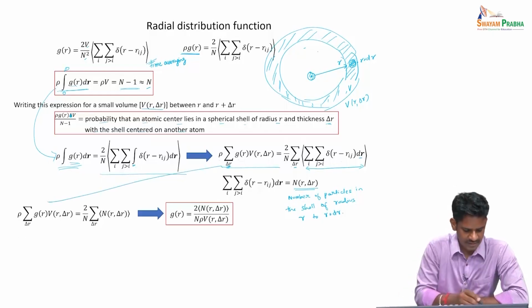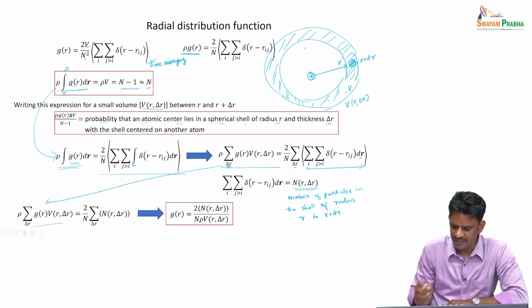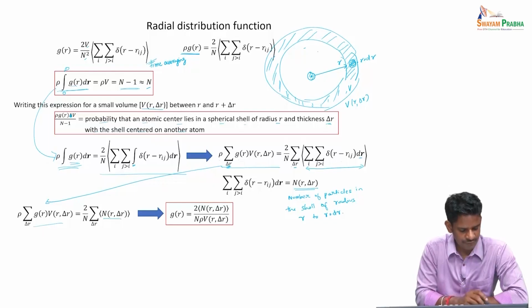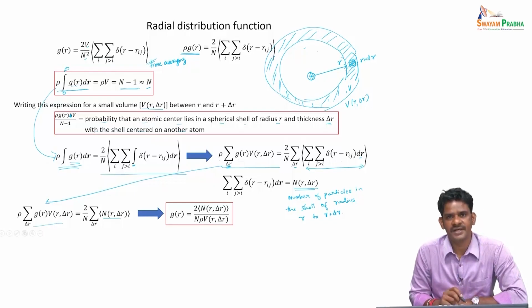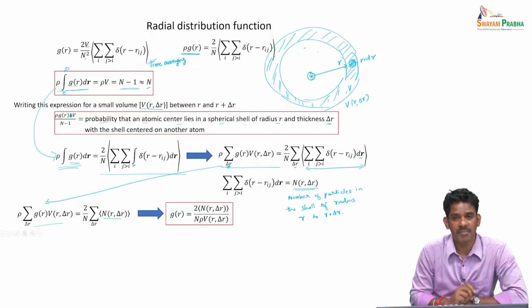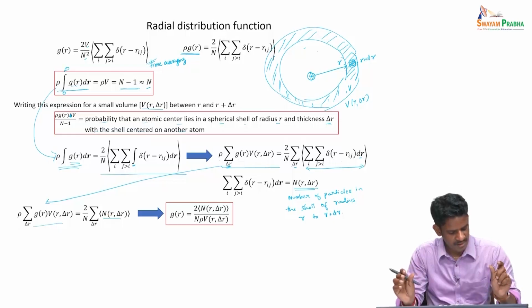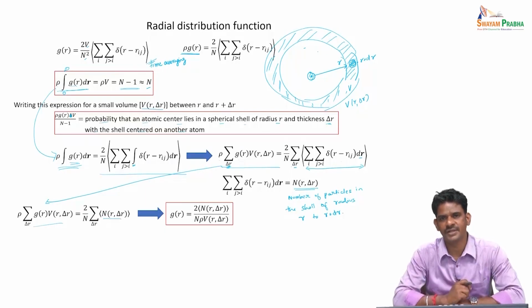On the left hand side we keep it as such, and on the right hand side, for this particular angular bracket, we substitute the angular bracket of the number of particles. Now if you compare the left side and right side, you can match the terms within this summation, because both terms correspond to a sum over certain quantities over a small shell thickness of delta r.